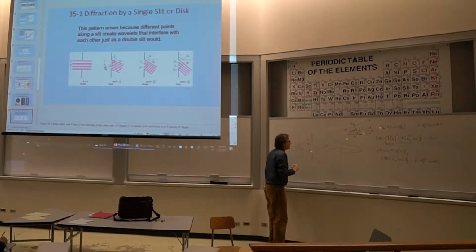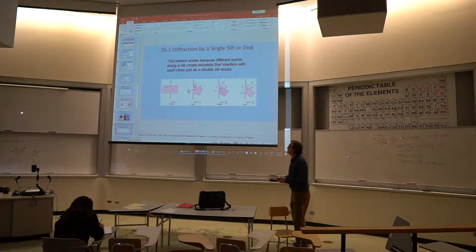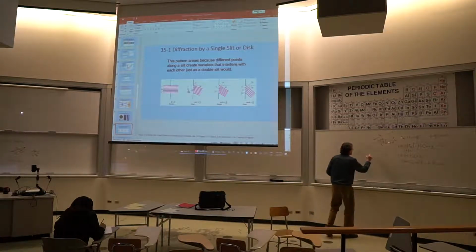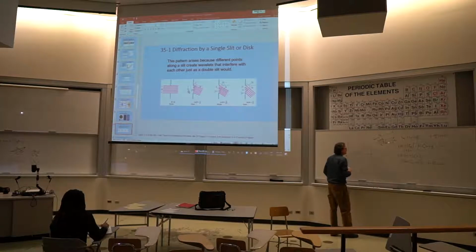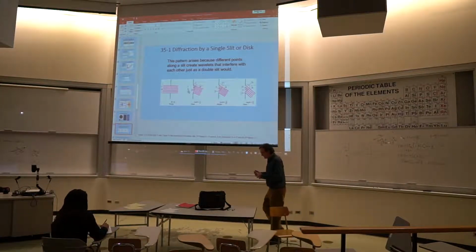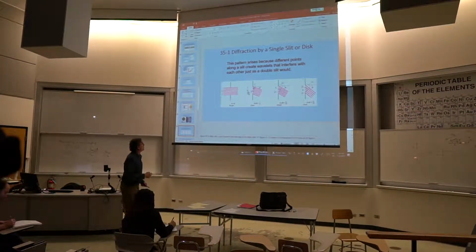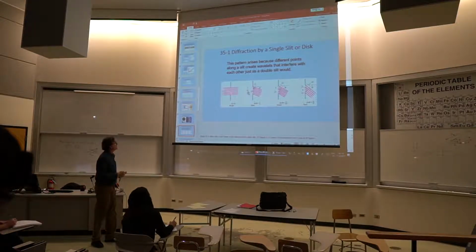All right. So now what I want to do is ask what is the intensity at theta equals 0, right here. So this is theta equals 0, right? Well, one thing I know from looking at these is that if all of these rays were in phase at any instant of time, if I take a snapshot of the electric field vector, they will have the same phase everywhere along this screen, within this region, right?